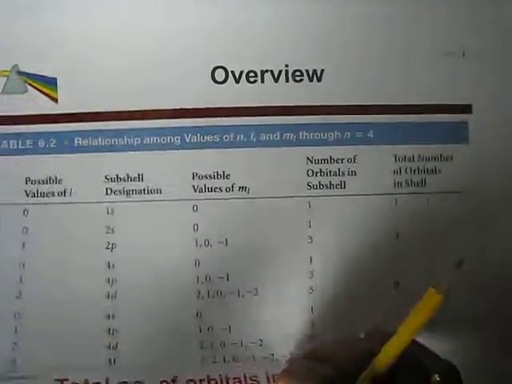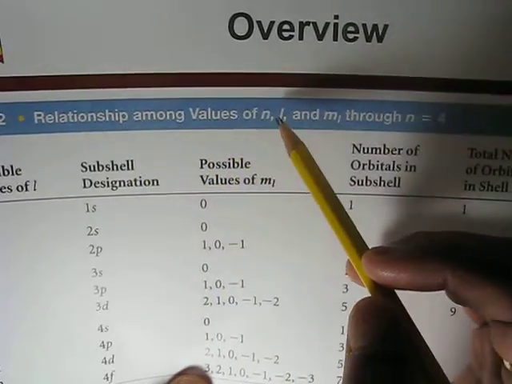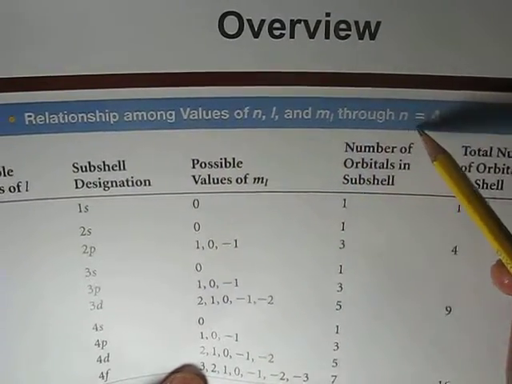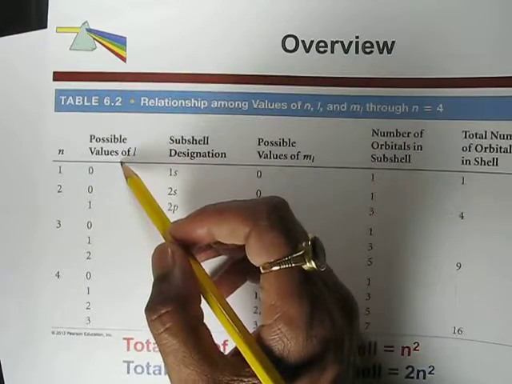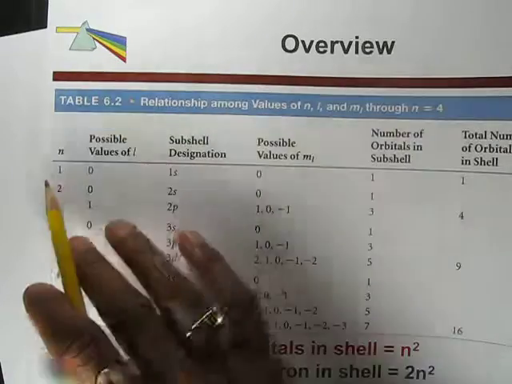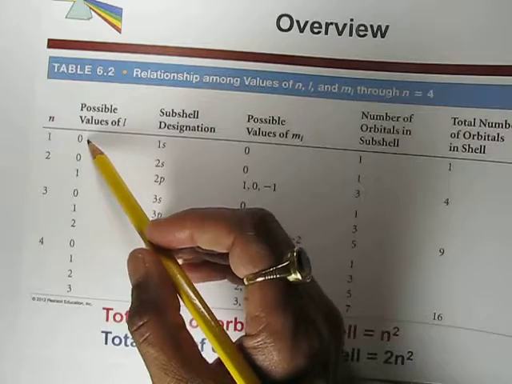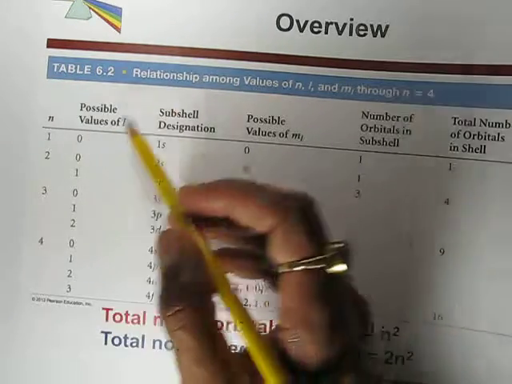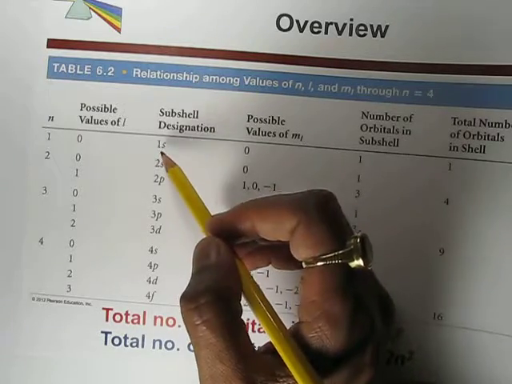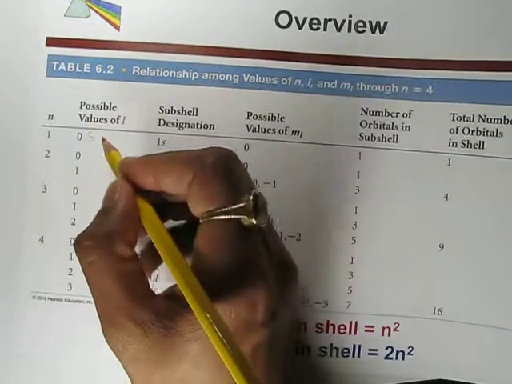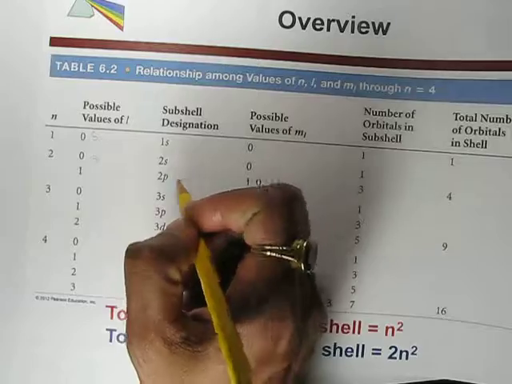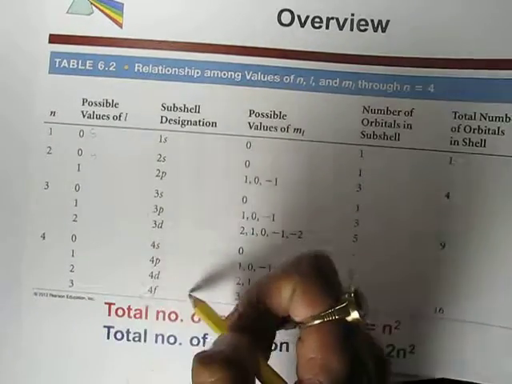So now we can summarize these quantum numbers. This table shows the relationship among the values of small n, l, ml, and ms. You can see if small n is equal to 1, then the possible value for small l, the angular quantum number, will be n minus 1, which is 0, and then the subshell represents 1s. 0 is for s, so all 0s are s, all 1 is p, all 2 is d, all 3 is f.